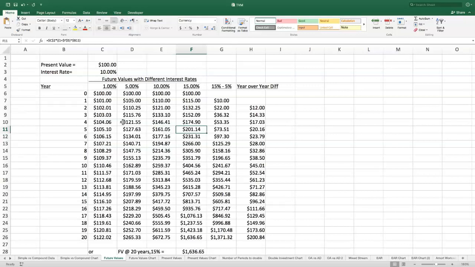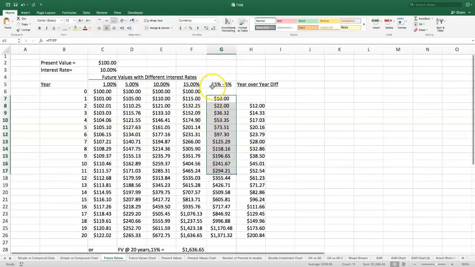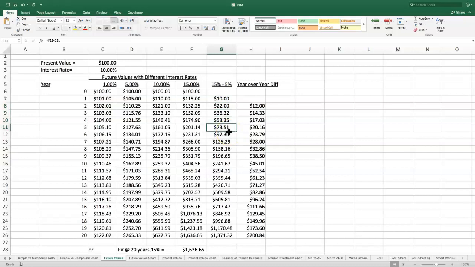So if we were to compare the difference between future values at 15% and future values at 5%, we would have this, the difference between 15% and 5%. And we can see that over time, the difference between interest gets larger and larger as well. So as we're applying more interest over longer periods of time, that compounding, that exponential function, increases future values more.